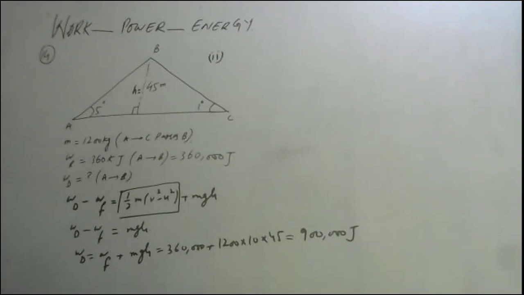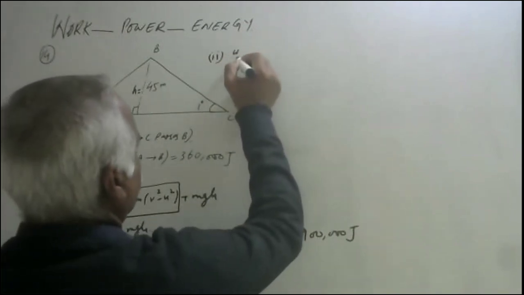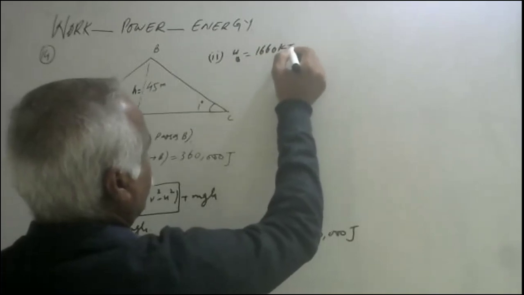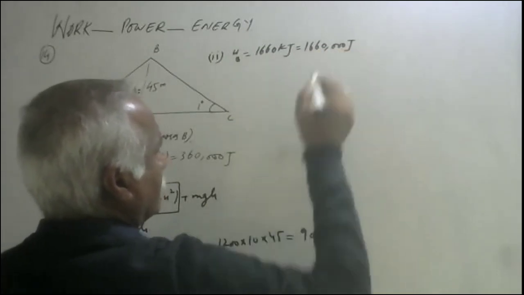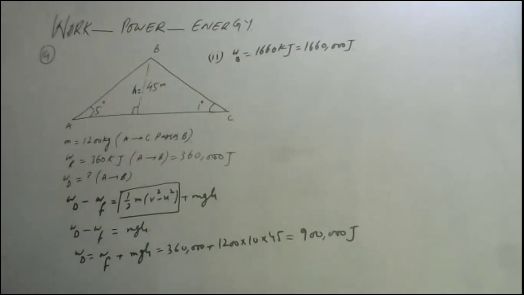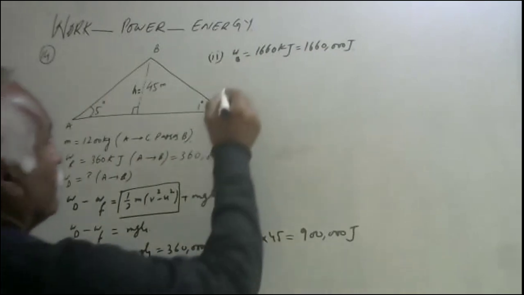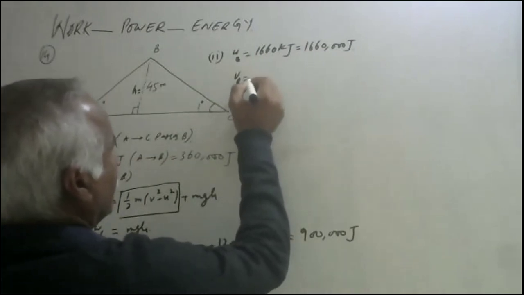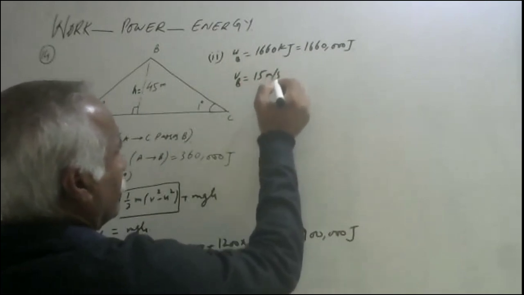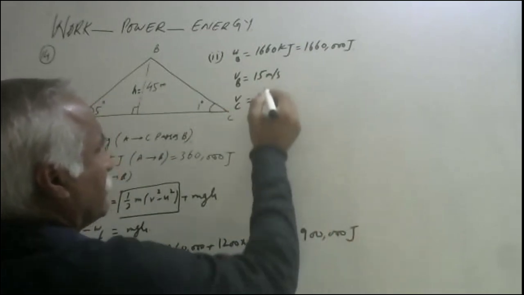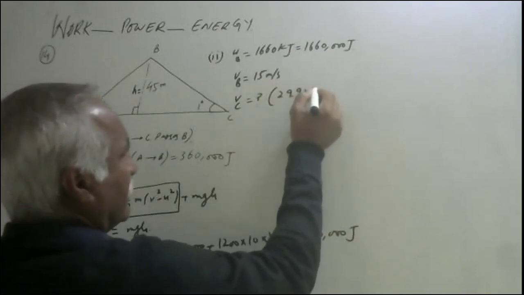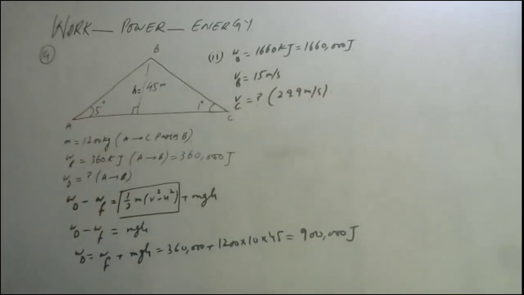And the work done by the driving force is 1660 kilojoules, which is equal to 1,660,000 joules. The velocity at B is 15 meters per second, and we are going to find the velocity at C, which they have shown as 29.9 meters per second. This we have to show.